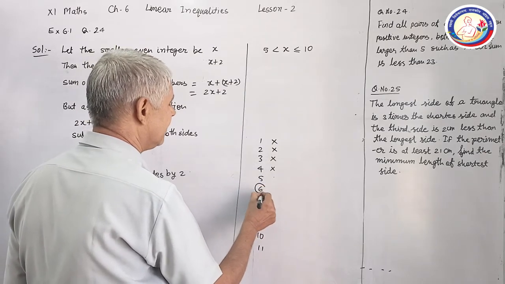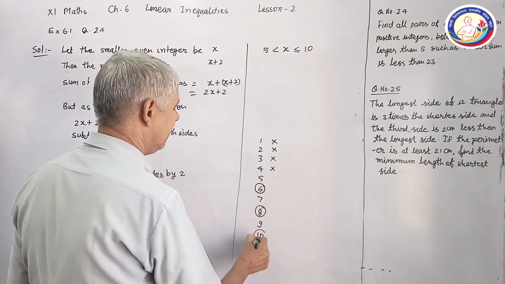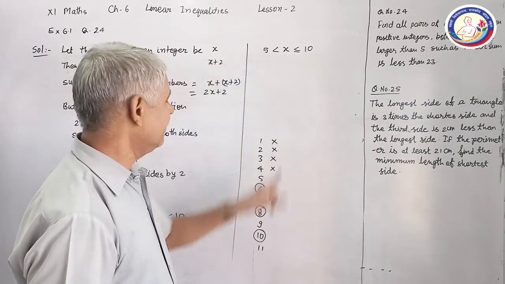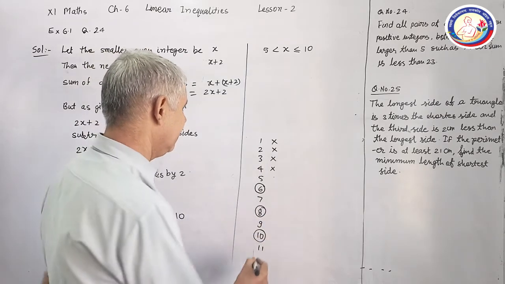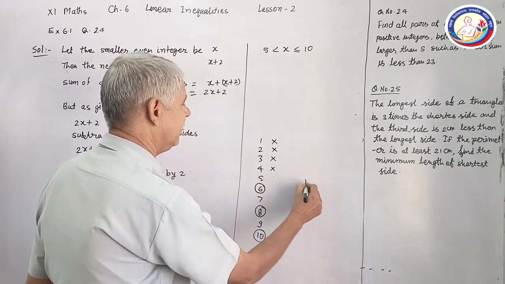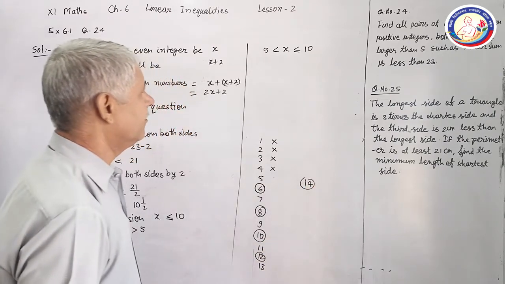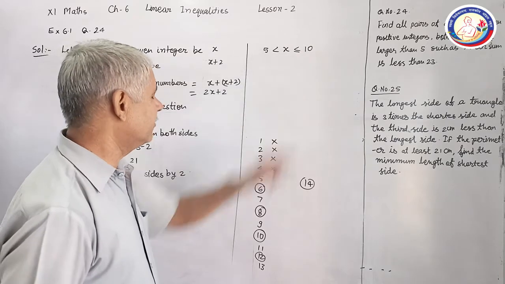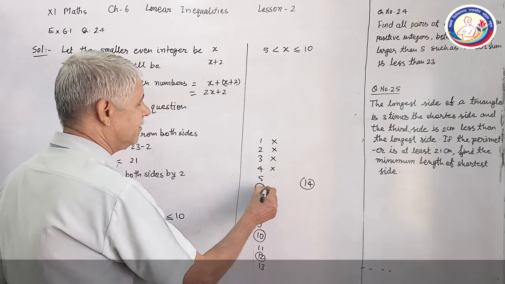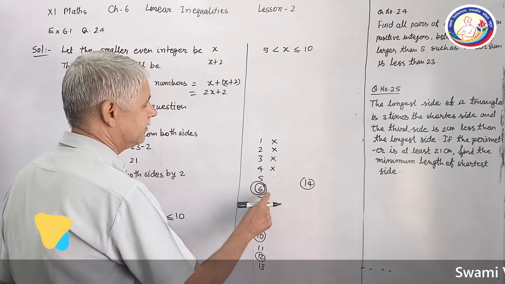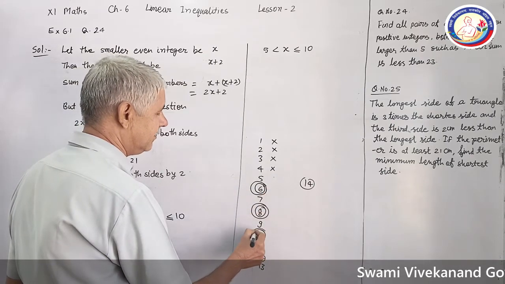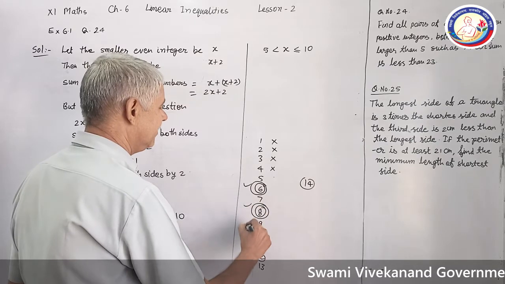So even integers greater than 5 are 6, 8, 10, 12, 14, etc. Now take this less than or equal to 10. The common ones will be 6, which is less than 10, 8, which is less than 10, and 10, which is equal to 10. So these three will be the solution.